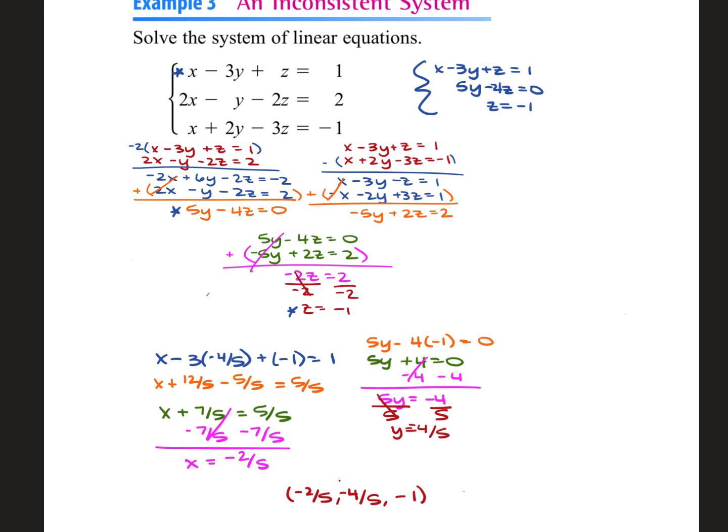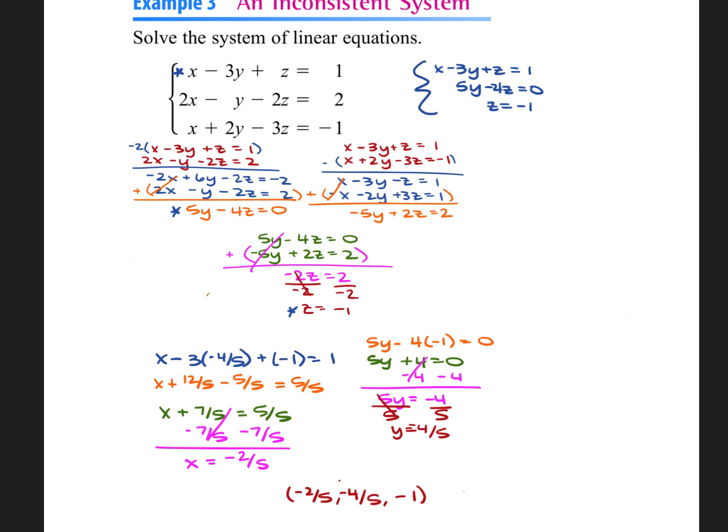However, I'm going to just go into the original system and plug them in. Minus 3 times -4/5 plus -1. That gives us 1, so that's a true statement. Next we have 2 times -2/5 minus -4/5 minus 2 times -1. It gives us 2, so that middle one gives us a true statement also.